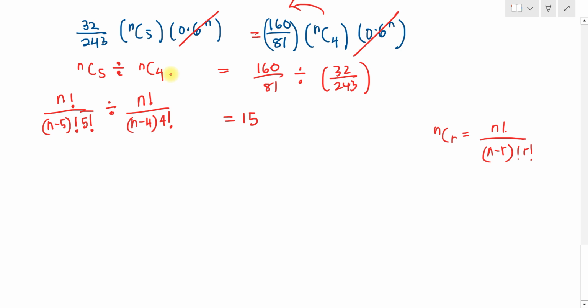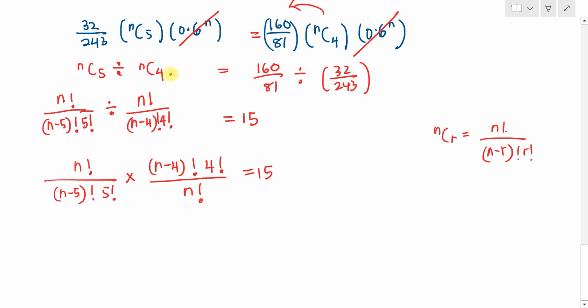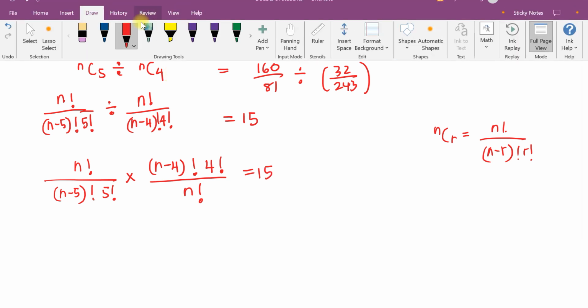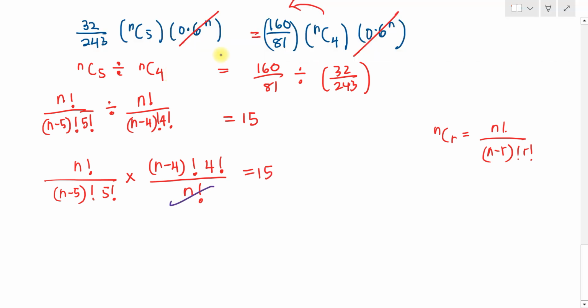Okay, so we try to invert this one. n minus 5 factorial, 5 factorial, times n minus 4 factorial. Invert the fraction. I forgot the factorial just now. 4 factorial over n factorial equal to 15. Don't forget. Okay, now the n and n we cut.